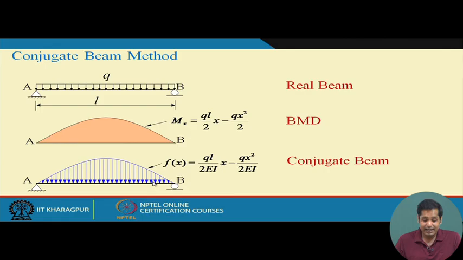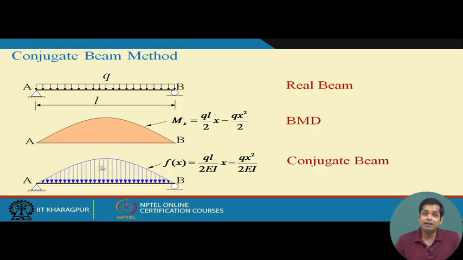Then we have to find the shear force and bending moment of this system, because the shear force of this system will give us the slope, and the bending moment at any point will give me the deflection of the real beam at that particular point. This is the conjugate beam method.